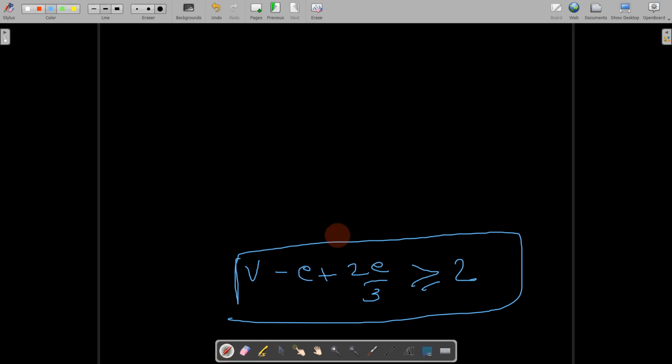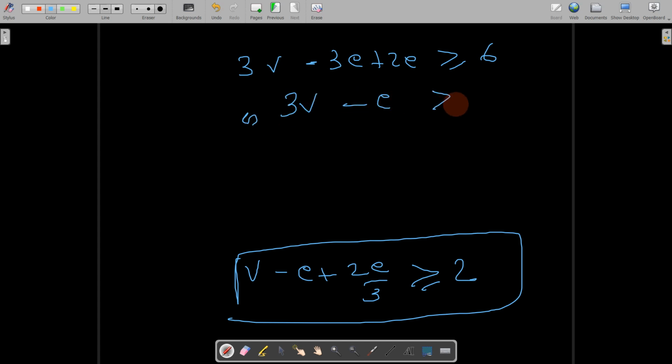Now what we do, we take the LCM: 3v minus 3e plus 2e greater than or equal to 2 times 3 is 6. This implies 3v minus e is greater than or equal to 6. We add e on both sides and subtract 6.